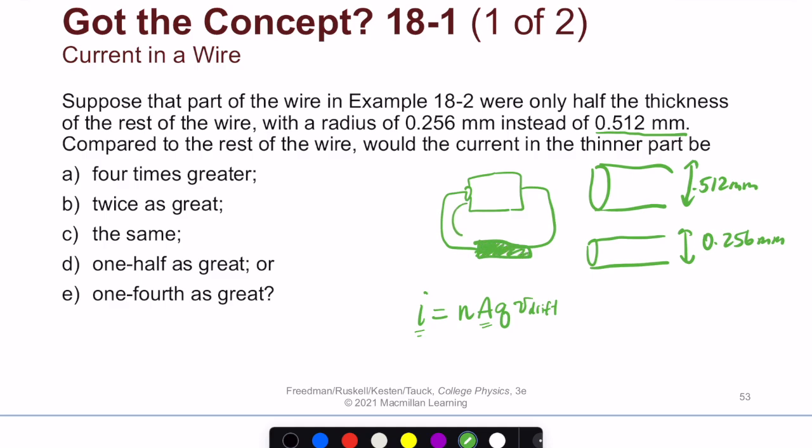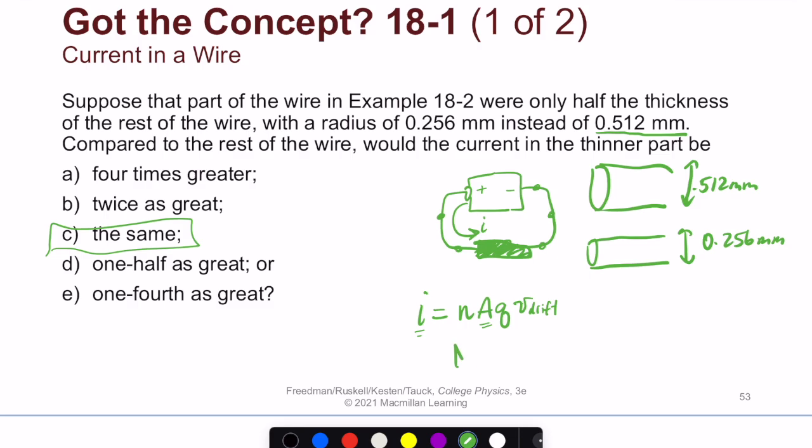So even though we have current flowing like this from a thick area, through the thin area, through the thick area, that current value is going to be the same everywhere on the circuit. So the current itself is not changing at all. It's going to remain the same.